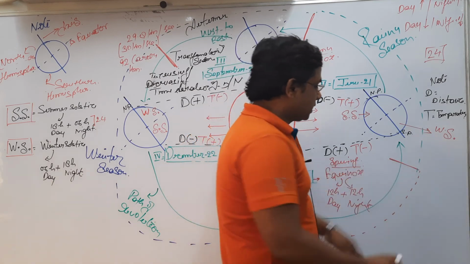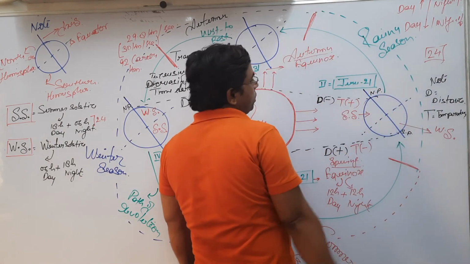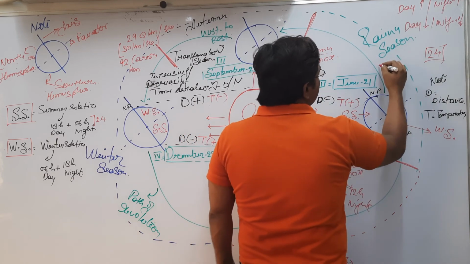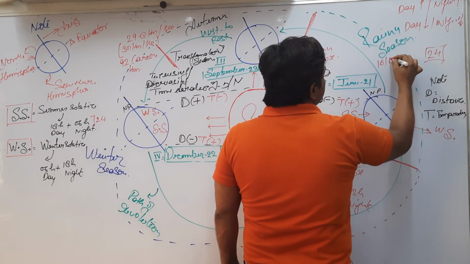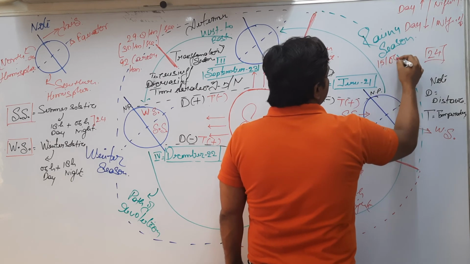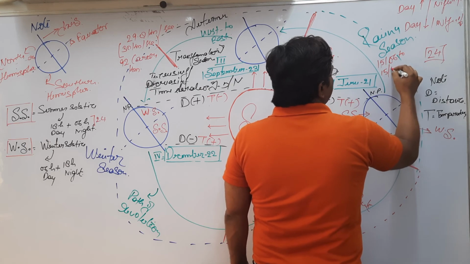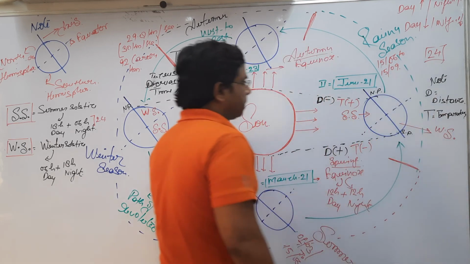Then we have the second season, the raining season, from the 15th of June to the 15th of September.